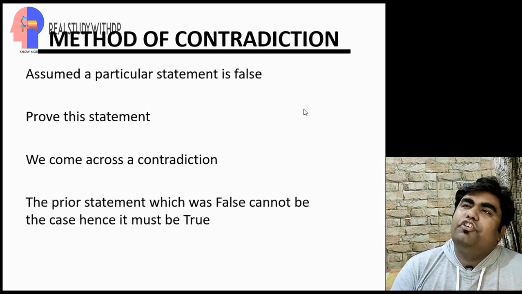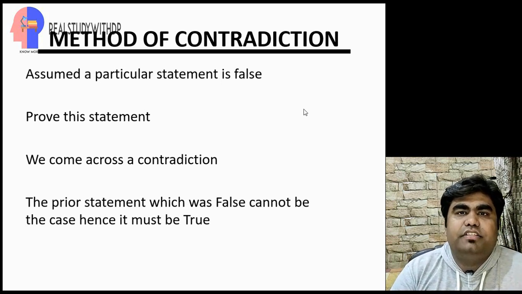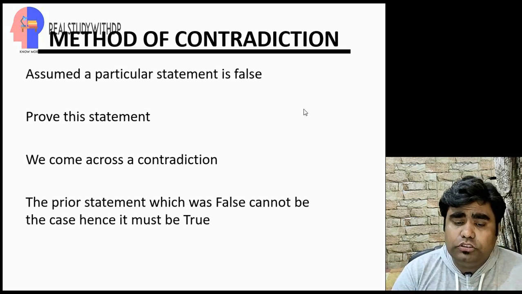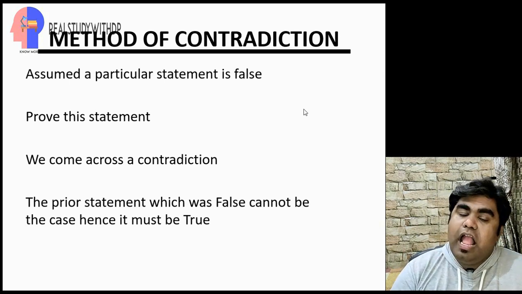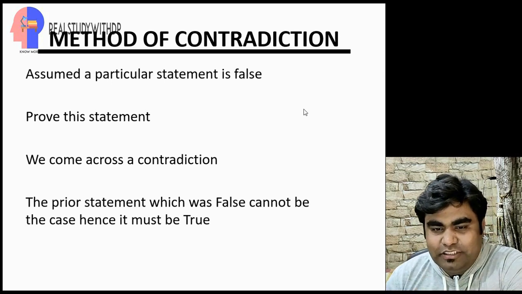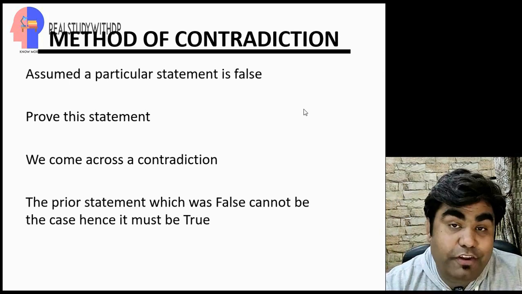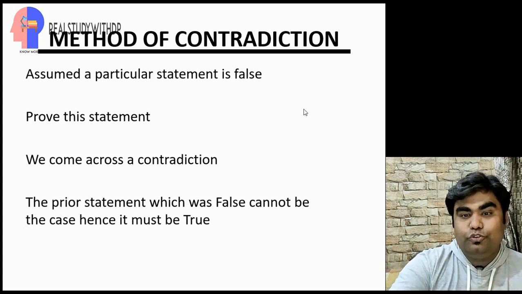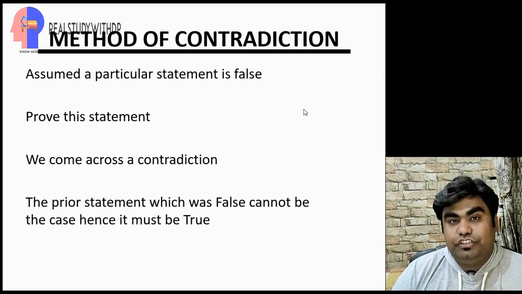I'll give you an example, like mathematically prove why the sun rises in the east, not in the west, not in the north, not in the south. Why from the east only? Mathematically we can prove that too, and in that scenario this method is going to work a lot. To elaborate, I am going to take a very funny example, so that with fun and enjoyment you will be able to understand this method of contradiction, which is a part of discrete mathematics.